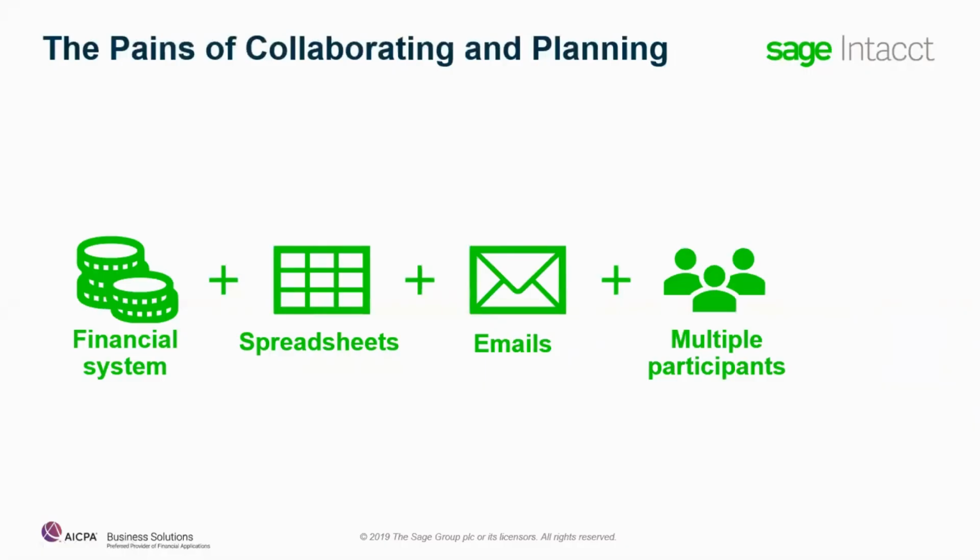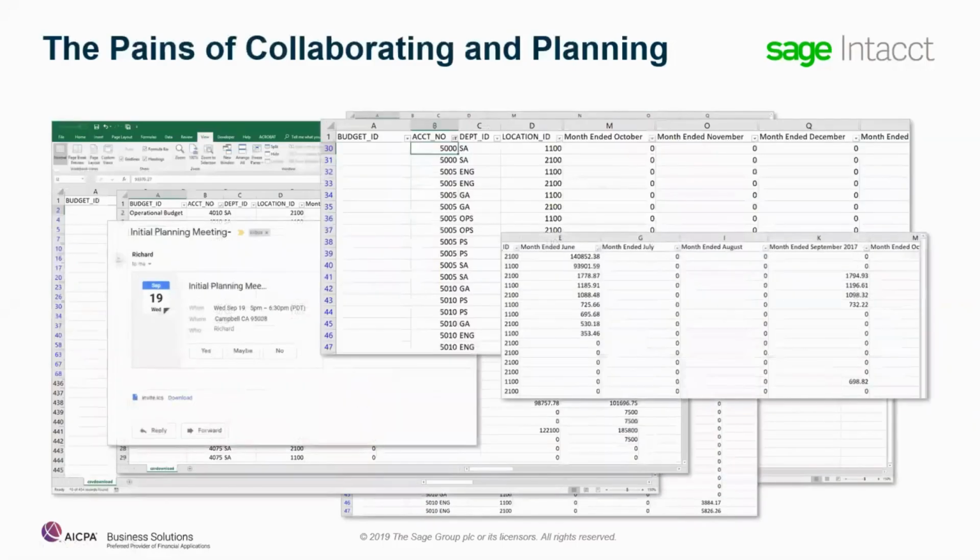And you also attach spreadsheets to collect and share information. And when you have an iterative process involving multiple people to contribute their inputs, passing back and forth of spreadsheets and rolling up information, it can feel like this. And when spreadsheets are used as budget templates, they're error-prone, hard to audit, and don't have process controls.